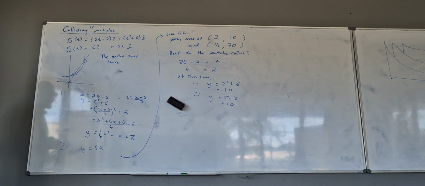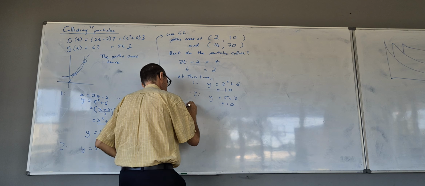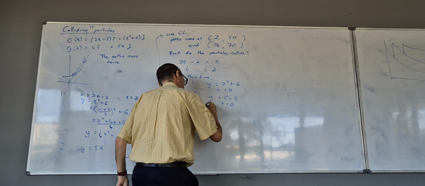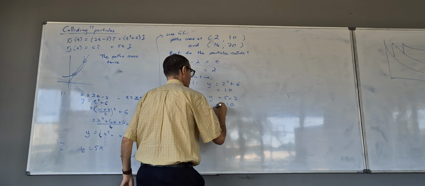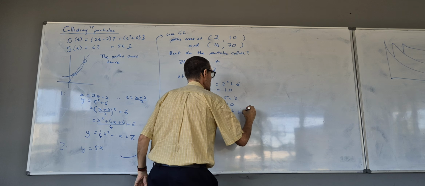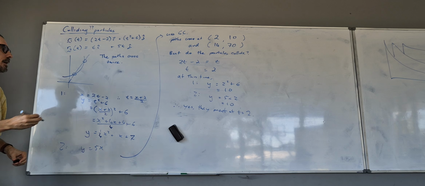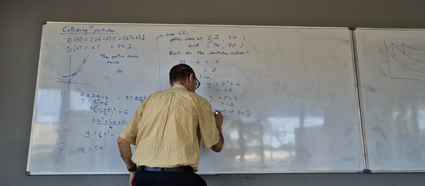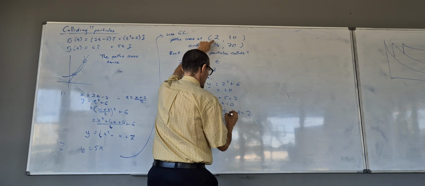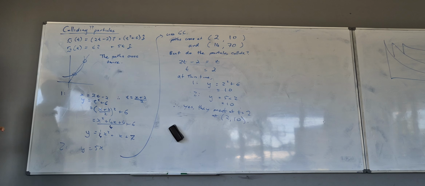They're at the same place at the same time. Yes, they meet or collide, whichever you prefer, at t equals 2. If you like, at t equals 2 at 2:10. Make sense?